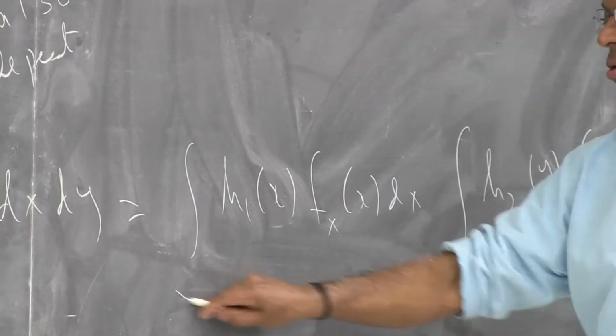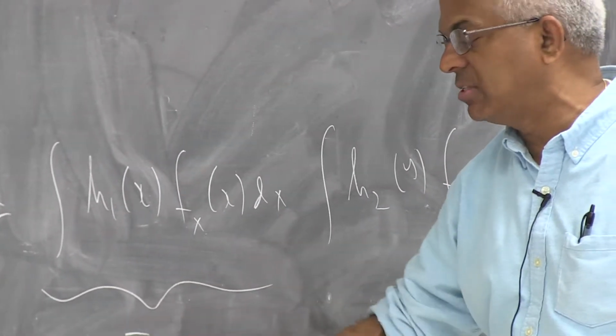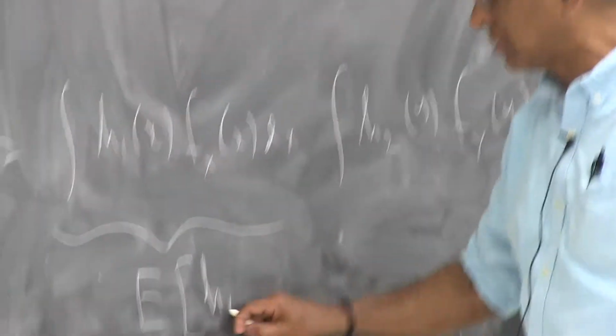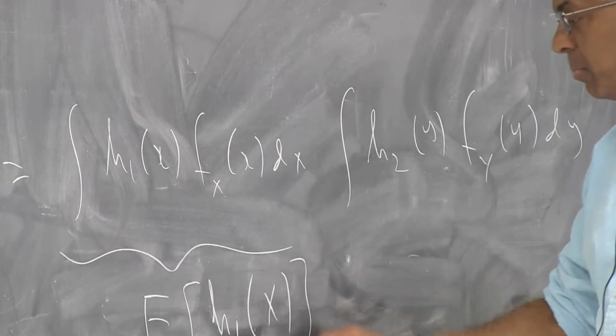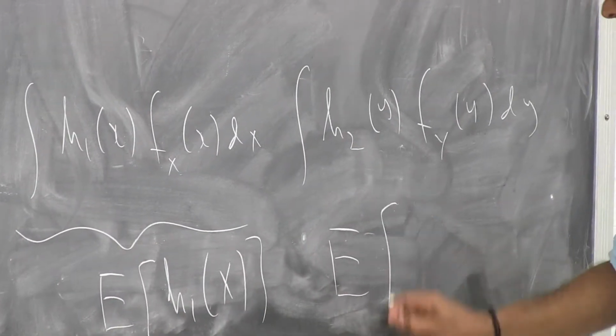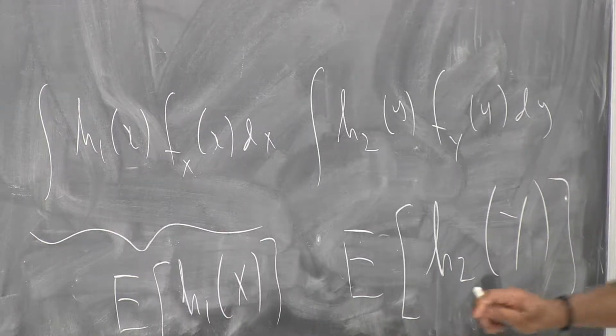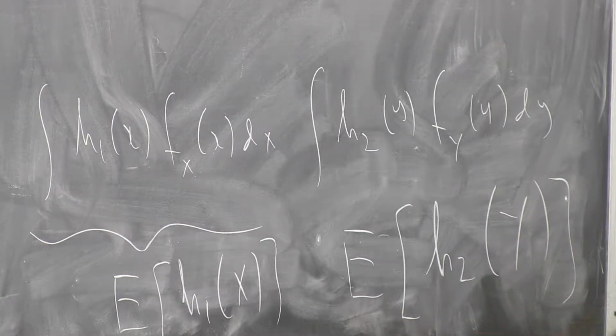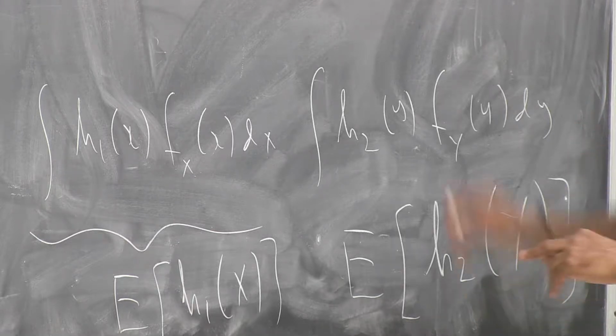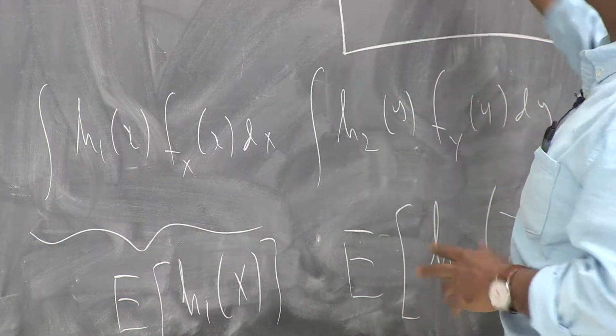But this, as you know, is expected value of gx, right, or h1x, multiplied by expected value of h2y. So this is a theorem. What is the theorem? If x and y are independent, so this qualifies as a result.